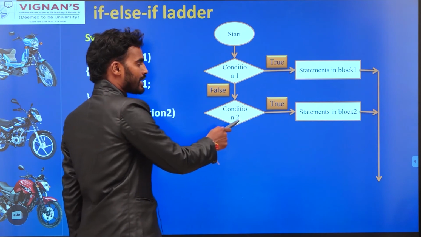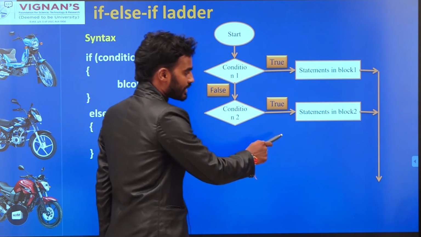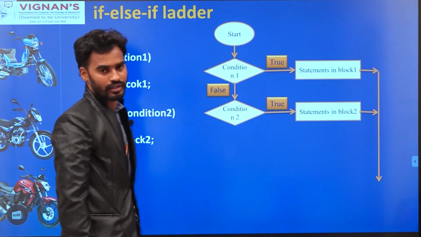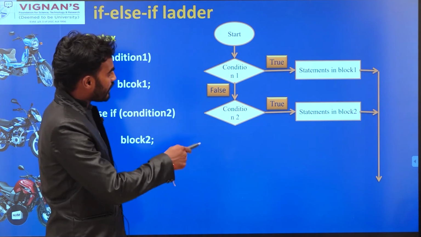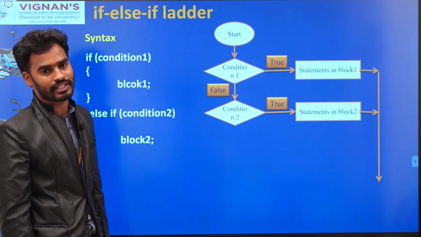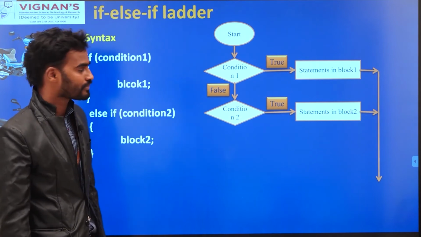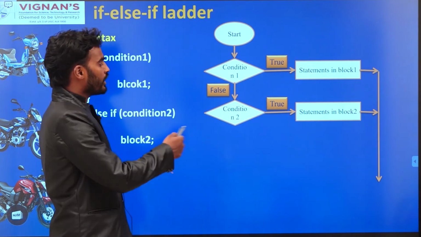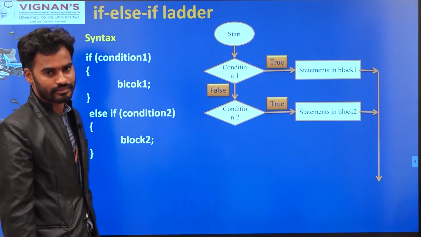If the second condition is satisfied, then the statements in block 2 will be executed, and then it will exit the else if ladder and execute the remaining statements after it. Like this you can add any number of conditions.